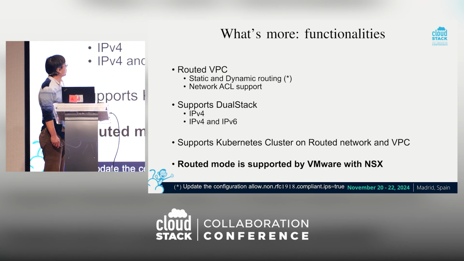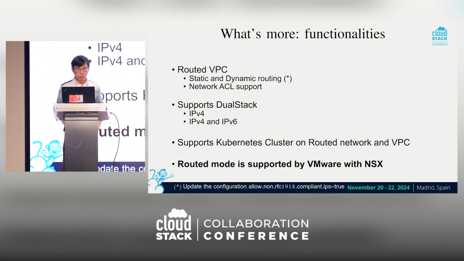There are more functionalities. Routing networks also support static routing and dynamic routing. We also improved network ACL. It supports IPv4 and dual stack. We have also improved the CloudStack Kubernetes cluster to support routing networks and routing VPC.